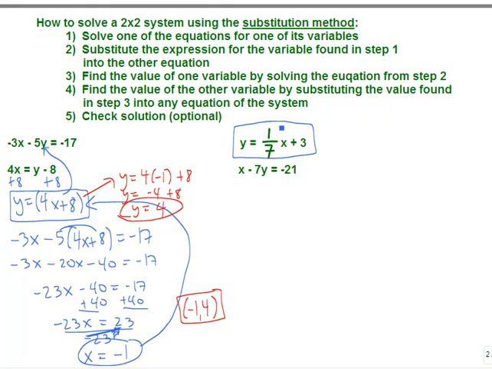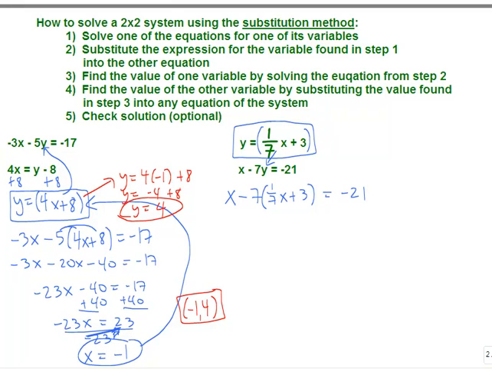And that means in the second equation, the one we haven't looked at yet, we're going to substitute in for this y 1/7 x plus 3. So all of this wrapped in parentheses is going to get substituted in for that y. So let's rewrite the second equation. x minus 7 parentheses 1/7 x plus 3, and that's supposed to equal negative 21.